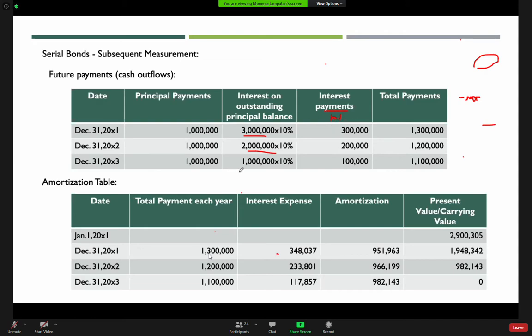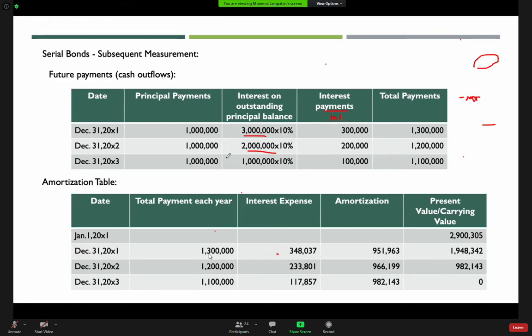Okay? So, ganun din sa third year. So, sa third year, dahil nakapagbayad ka na ng 1 million yung unang year, then sa second year, another 1 million. As of third year, 1 million na lang yung outstanding balance ng liability natin. So, yun na lang yung magkaka-interest. Kumbaga, yung mga nabayaran mo na, hindi na mag-i-interest.